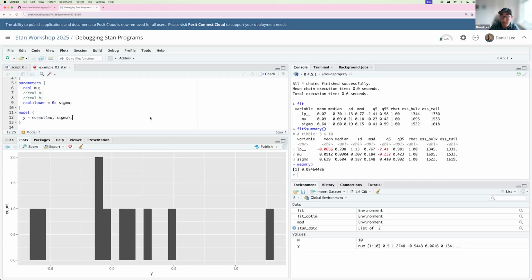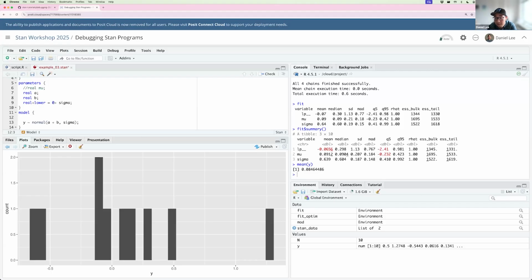Let's do what Stosh says. Let's try that. We can add an informative prior. By the way, we're just going to work through different things that we can do to make this better. Hopefully you'll see something new. You might not. That's cool. You might try something that you wouldn't have thought of before.